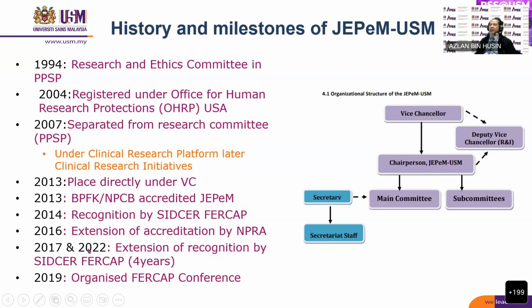And then we got a few local as well as international recognitions and accreditations, by the Authority of Pharmaceutical Review for Malaysia, as well as the international WHO project, SIDCER-FERCAP. I will tell you a bit more after this.